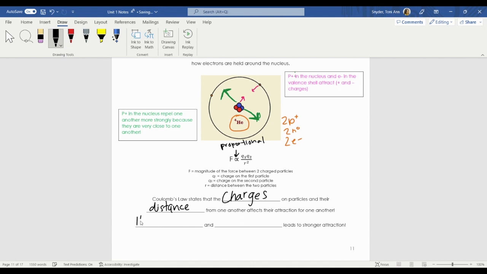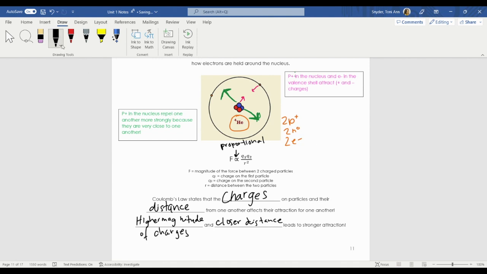So the higher magnitude of charges and a closer distance leads to a stronger attraction. This is huge.